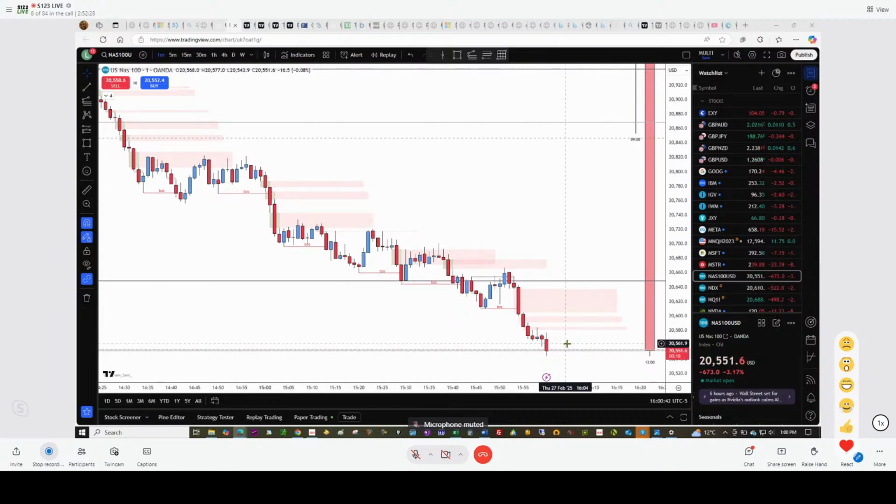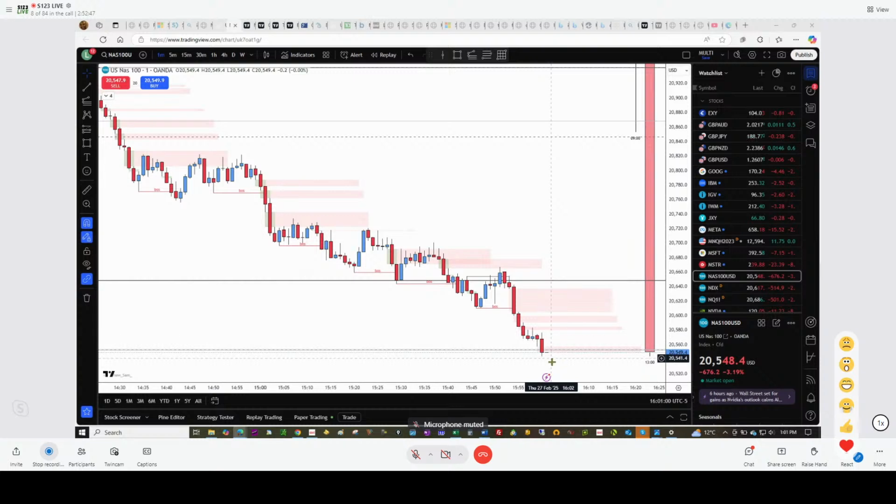We've gone through just by a little snippet there. So is that enough of a breach of that low, or are they going to go further down? It looks like we're almost done this move.